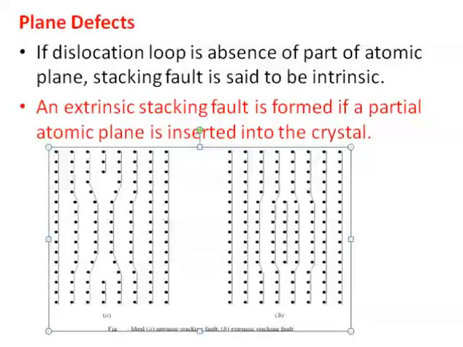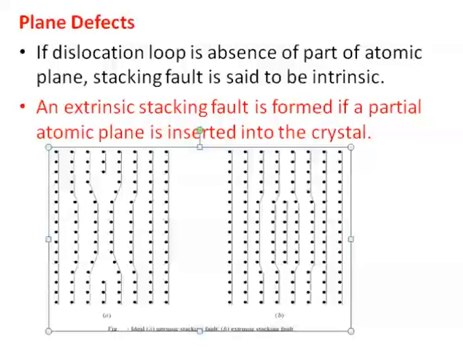But this is what we call the intrinsic, because part has been taken away from the body of the lattice structure. But if you look at B1, you can see that all my lines, starting either from left or right, 1 2 3 4, and also from left 1 2 3 4, all of them are there. But in the middle you can see that another plane, half of a plane, is inserted.